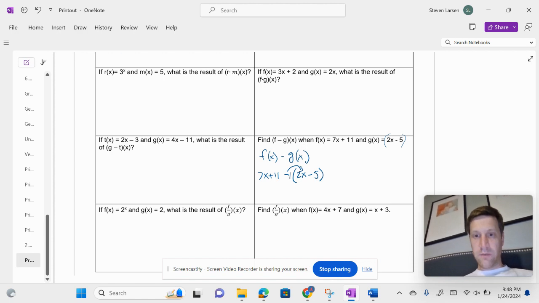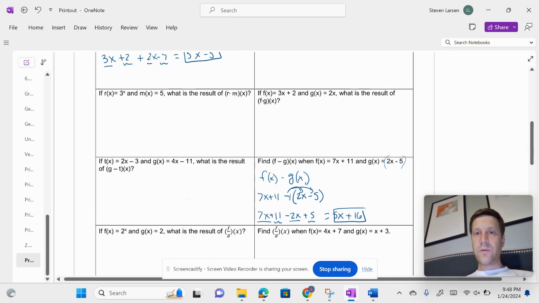It's really a negative 1 in front. So I got 7x plus 11. Distributing the negative 1, I get negative 2x plus 5. And then we combine. I get 5x plus 16.